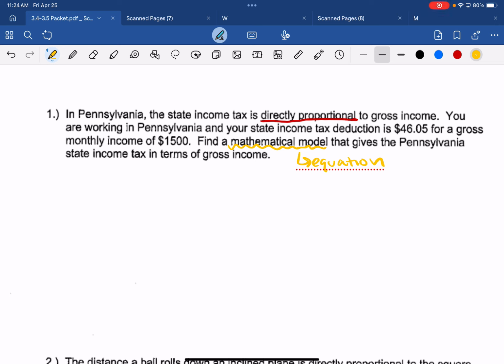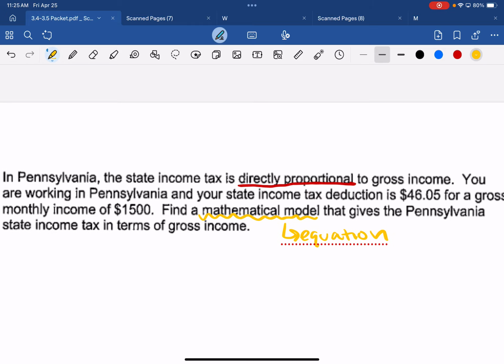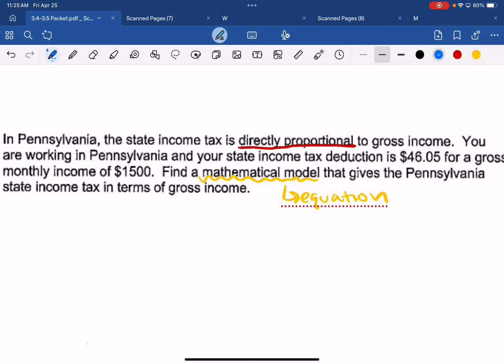The wording is half the time the most difficult part here. But a good rule of thumb is always the first thing that I have listed, state income tax, that's always my y. In math, the word is means equals. Directly proportional is telling me that I'm going to have that k value that we have in direct variation.